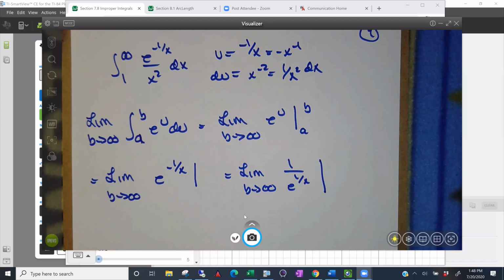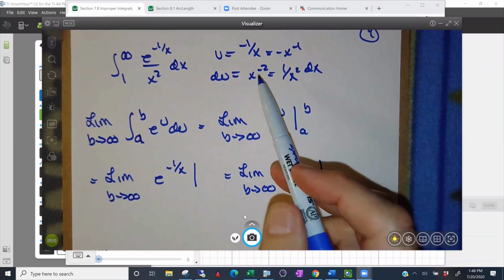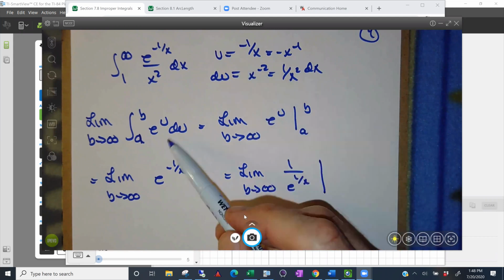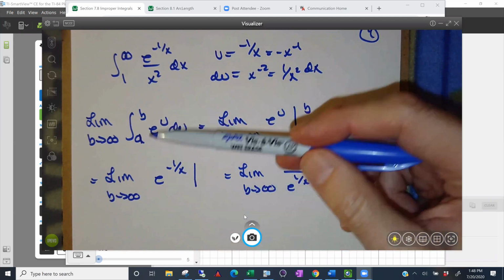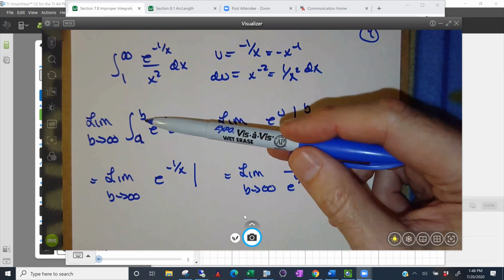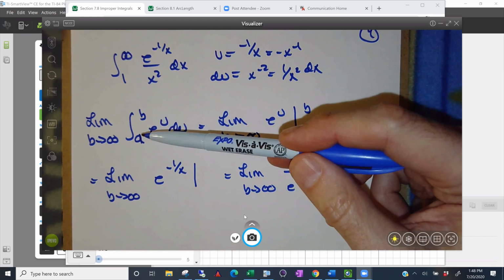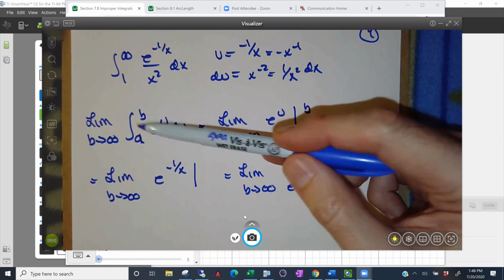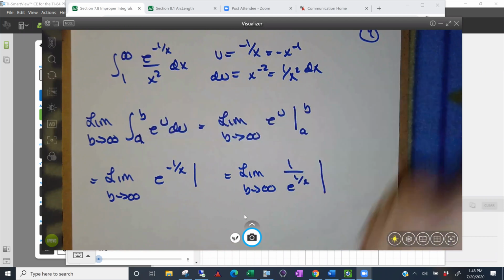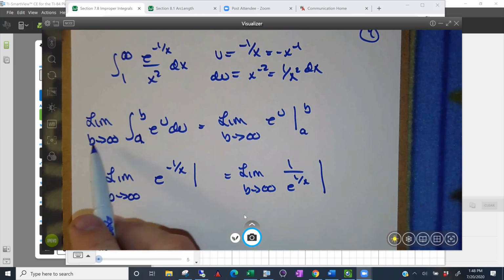And here we go. So a little bit of a jump up in our steps. So you're going to do our substitutions. The one thing we're not going to do is change our limits of integration. Now I'm going to be a little bit lazy and a little informal, and I'm just going to write a to b, even though we're already using b here as our stand-in as the limit approaches infinity.